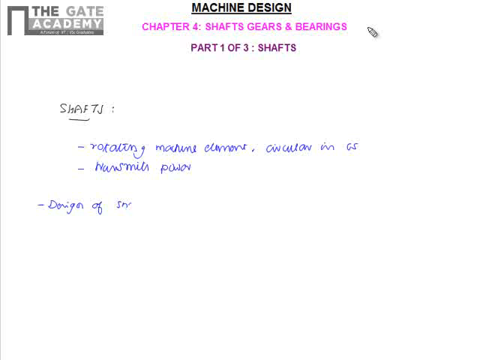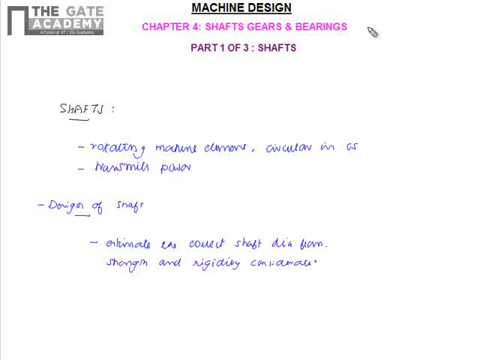When we say we are going to design a transmission shaft, what we basically mean is that we are going to determine the correct shaft diameter, that is, estimate the correct shaft diameter from the strength and rigidity consideration. So that is basically done in the design of shaft.